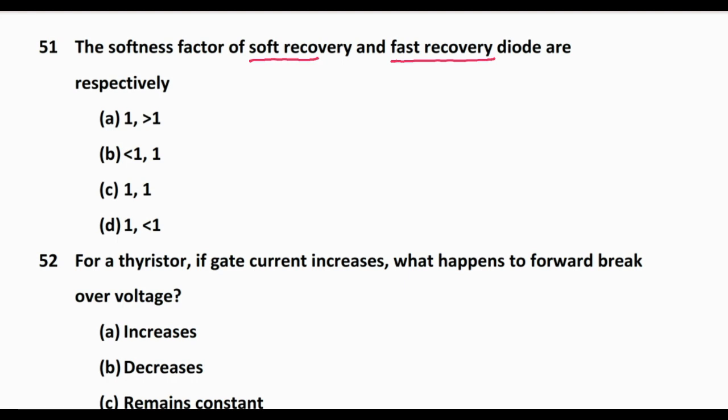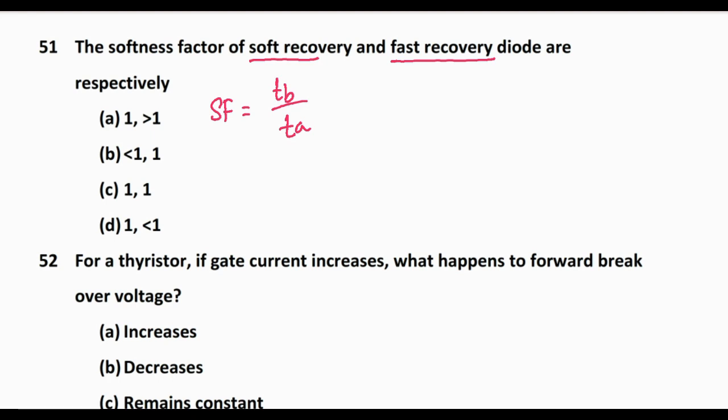Softness factor SF is equal to TB by TA. Then what is TB and TA? TA is the charge recovery time from the semiconductor layer, and similarly TB is the charge recovery time from the depletion region. That means TA plus TB will be the total charge recovery time during the reverse bias condition.